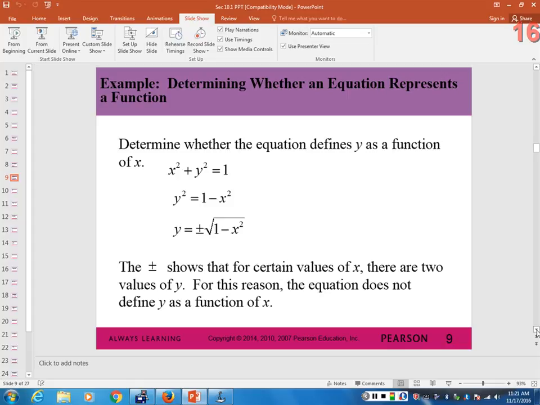And the square root of 1 minus x squared can be either positive or negative. Because you know that negative 4 times negative 4 gives you 16, as well as positive 4 times positive 4 gives you 16. So if somebody asks you to find the square root of 16, it has two answers, one positive and one negative. So the plus or minus shows that for certain values of x, there's going to be two values of y. And for that reason, that equation doesn't define y as a function of x.